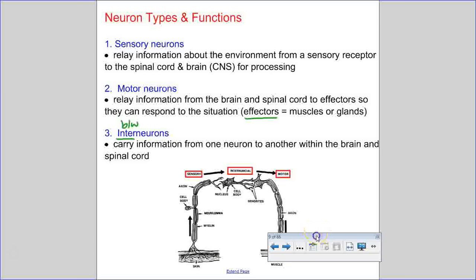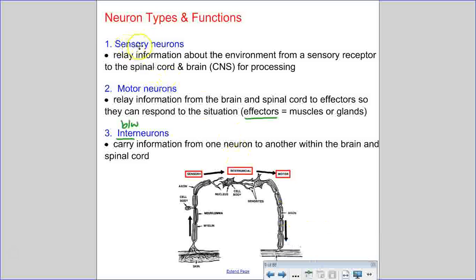Then you're supposed to list the three classes of neurons and state their function. There are sensory neurons. The sensory neurons relay information or messages about the environment from your sensory receptors, say from receptors in your eyes or your ears or wherever, to the spinal cord and brain, to the CNS for processing.